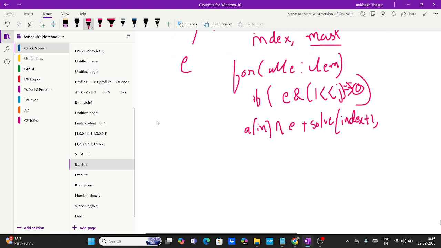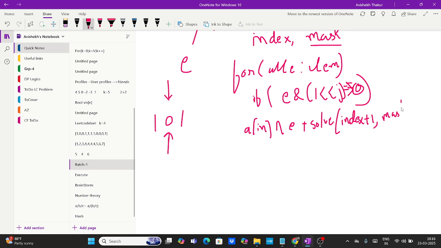So, given a number, how to set this bit? I did teach you this in Bitmask DP. How to set it? With OR, yes, OR with one.